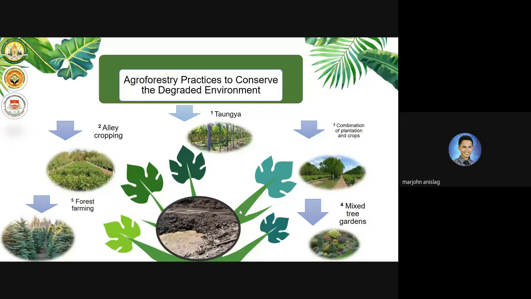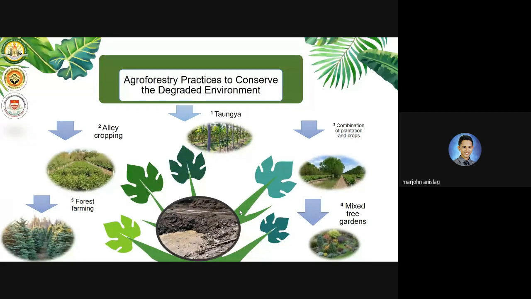Among them, those very useful to conserve the degraded environment are the taungya, alley cropping, a combination of plantation crops, mixed tree gardens, and forest farming. These agroforestry farm practices have different definitions, but they have the same impacts on environmental conservation.